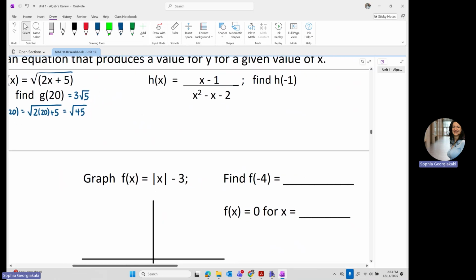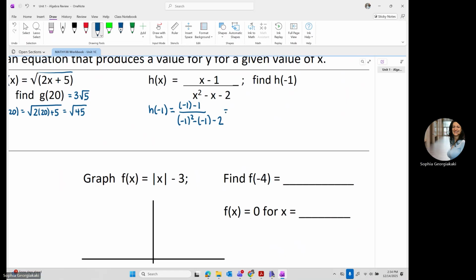If we want to find here h of negative 1, we will plug in negative 1 for x. In the bottom, negative 1 squared minus negative 1 minus 2. Negative 1 minus 1 is negative 2 in the numerator. Negative 1 squared is positive 1, plus 1 minus 2.